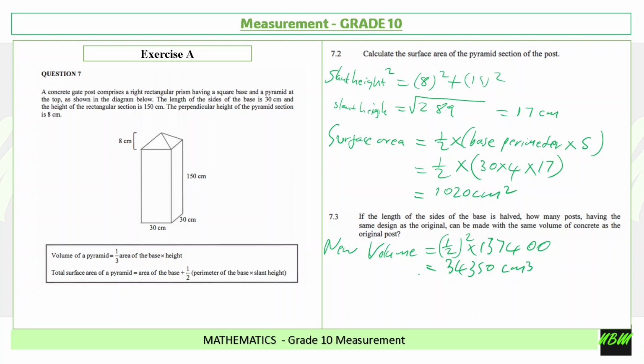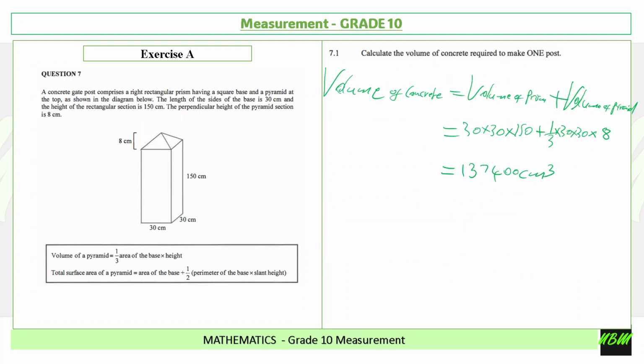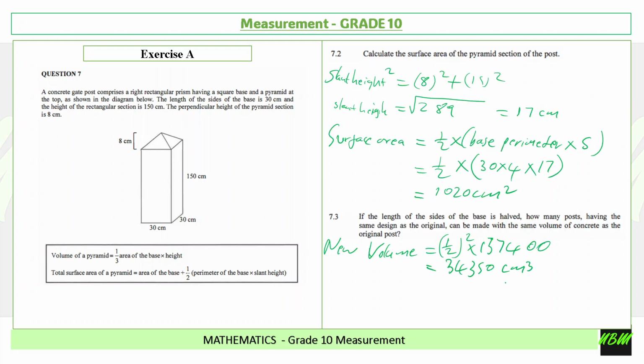Now the question is, how many posts can we have such that the volume of the total number of those posts will be equal to the volume of the original post. The original post's volume is 137400. Now the new volume is 34350. So the question actually is, the original volume can take how many of the new volume. Therefore we are dealing with division.